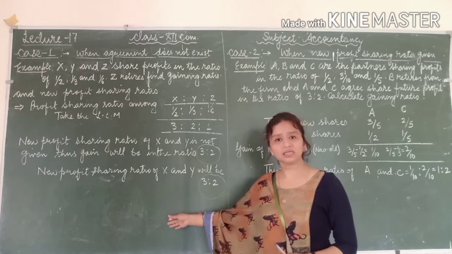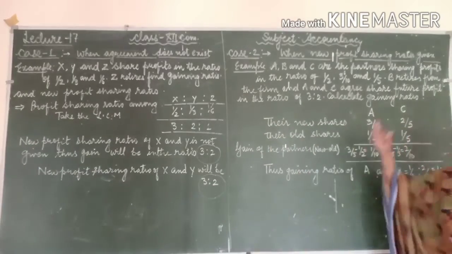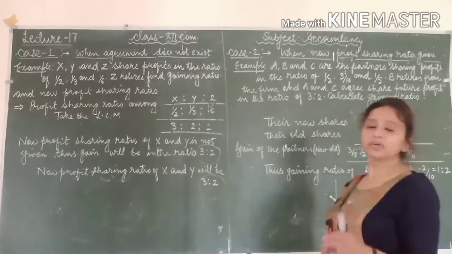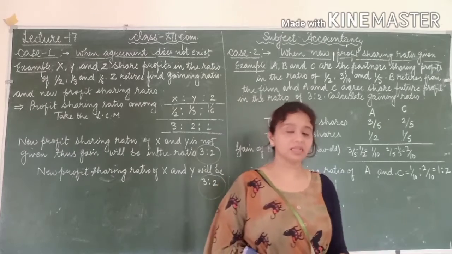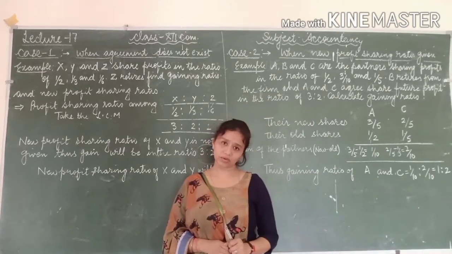So this is case 1. The second situation is when the new profit sharing ratio is given. It means when somebody retires, or all of a sudden a partner dies, the new profit sharing ratio is also given.